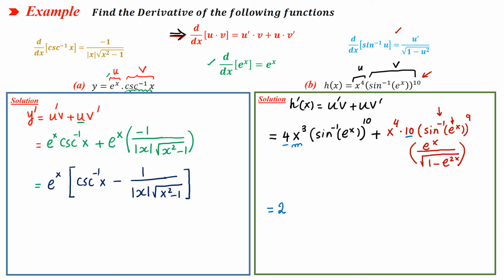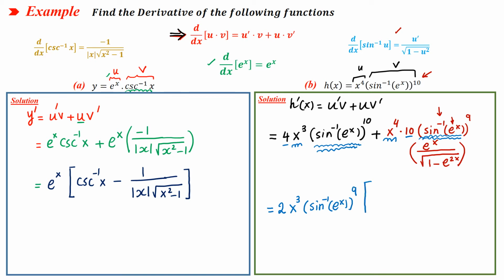Between x to the third power and x to the fourth power we have x cubed, and between the bracket sine inverse e to the x to the power 10 and this term sine inverse e to the x to the ninth power, we have the greatest common factor sine inverse e to the x all to the ninth power.